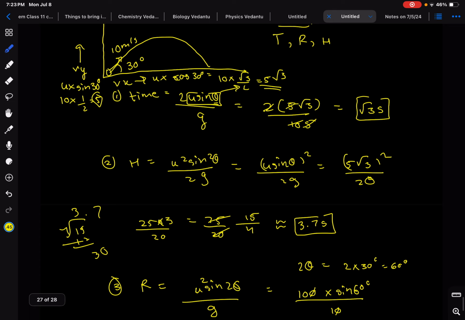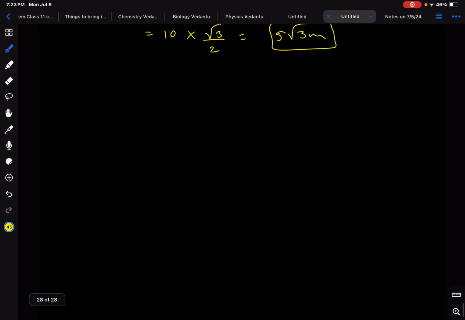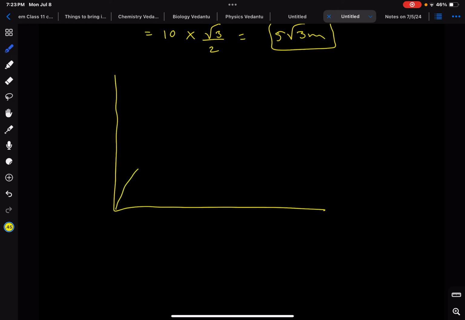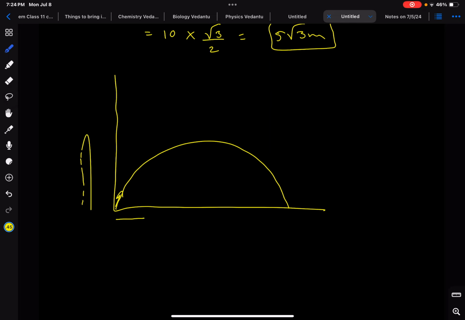So let's give you another example. I also want to tell you a really important thing: while the speed in the y direction slows down, and then when it's dropping it increases, the speed in the horizontal direction always stays constant. It never changes.